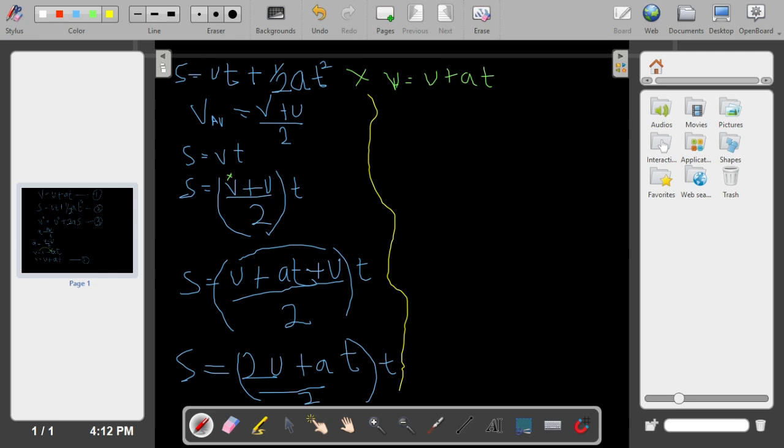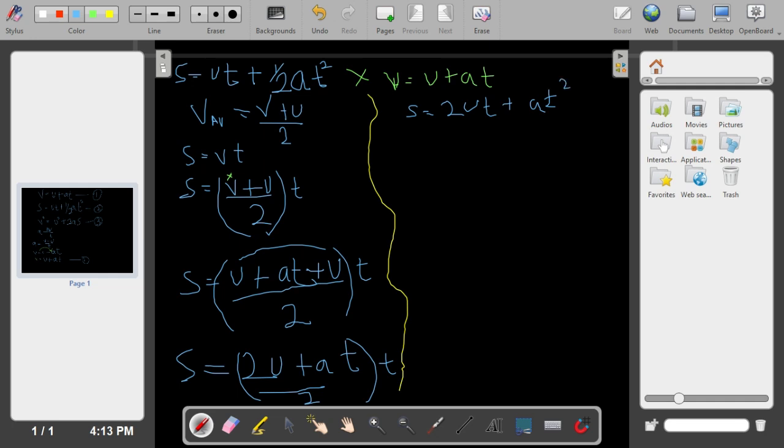So the next thing I'll do here is, I can use t to multiply into the bracket. So that gives s equals 2ut, t goes into the bracket, plus at times t gives you at squared.